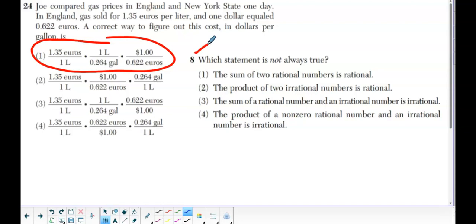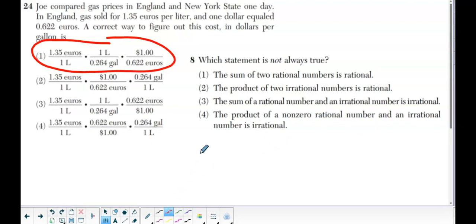All right, number 8, which statement is not always true? The sum of two rational numbers is rational. The product of two irrational numbers is rational. The sum of a rational number and an irrational number is irrational, or the product of a non-zero rational number and an irrational number is irrational.